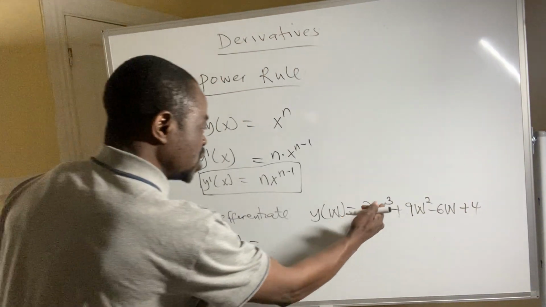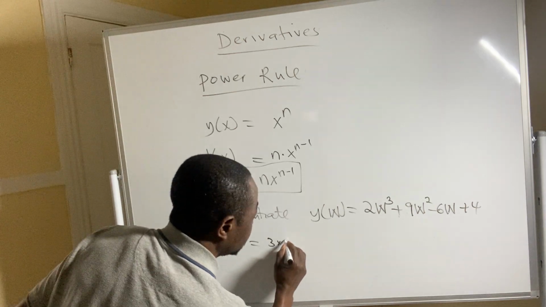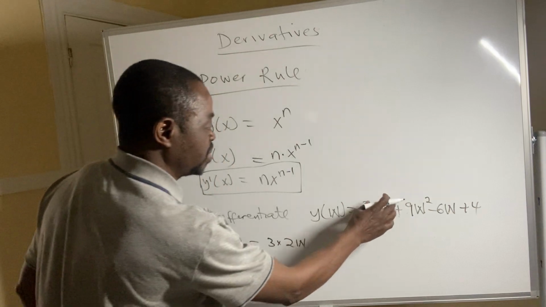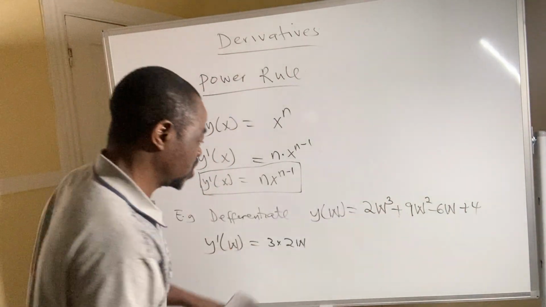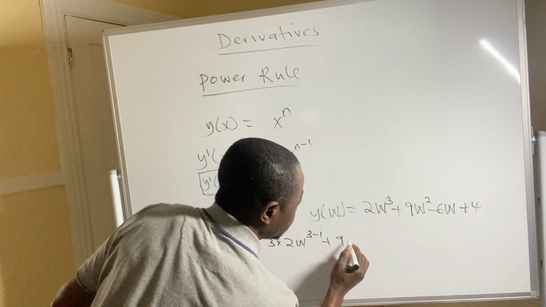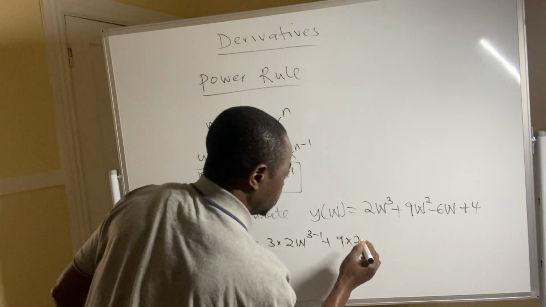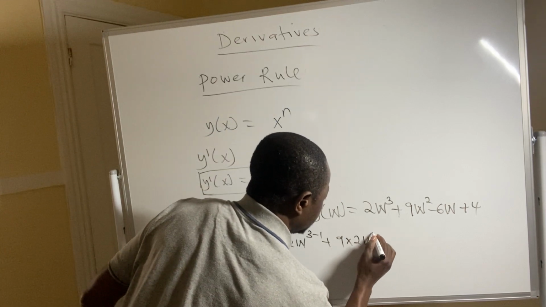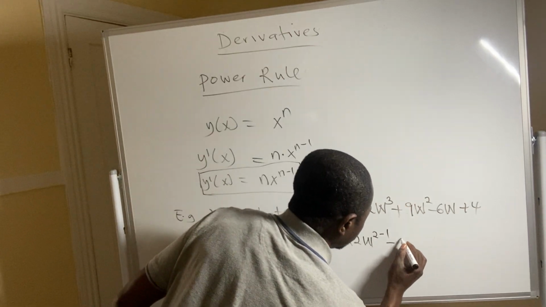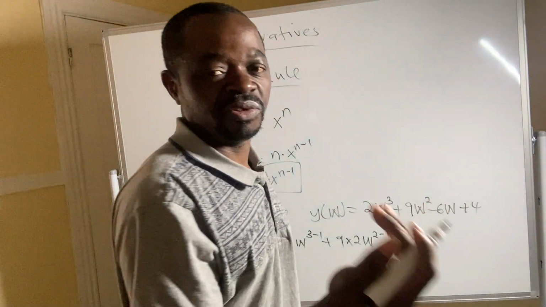So you have 3 times 2w, then raised to the power, we have to reduce the power by 1, so you get 3 minus 1, plus 9 times 2w raised to the power 2, reduce the power by 1, then minus, this is 6w, that is same as 6w raised to the power 1.